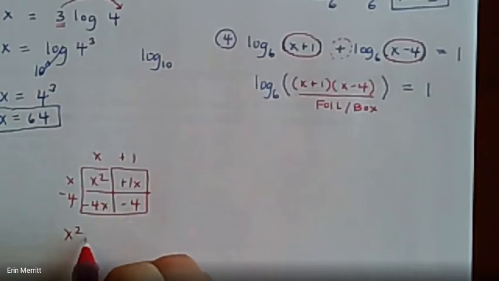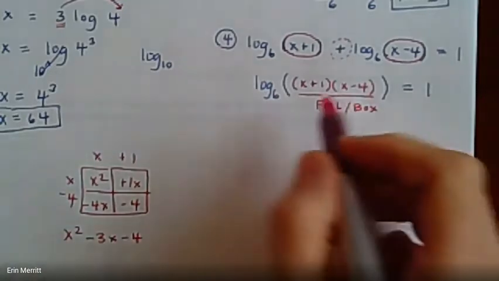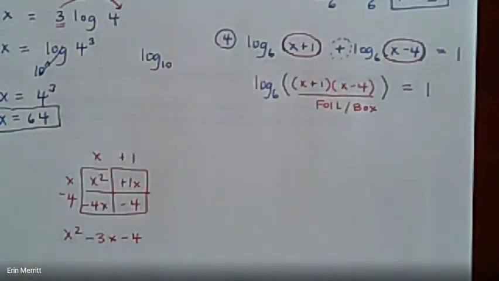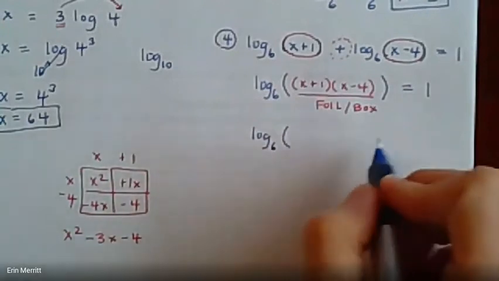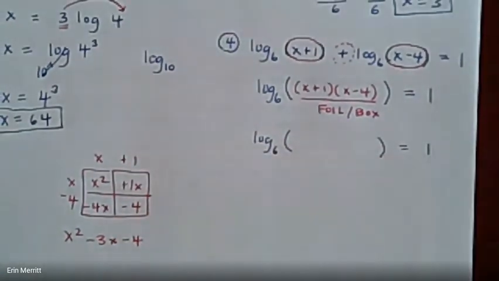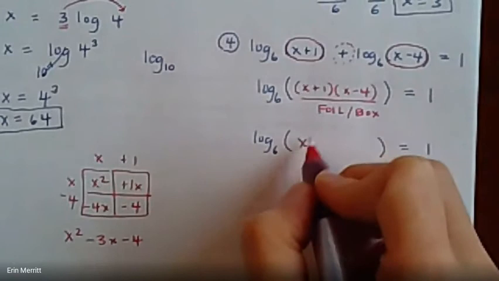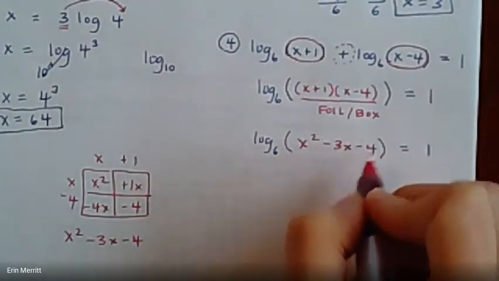And so that's going to give me x squared minus 3x minus 4. That's what I'm going to replace this inside part with. So let me clean this up first. I'm going to get log base 6 of what we just said, x squared minus 3x minus 4.